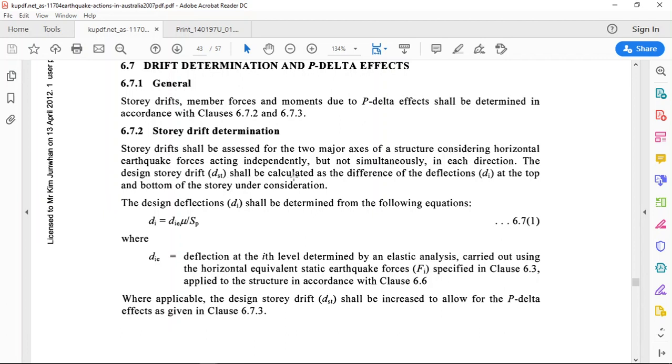The DST is the difference of the deflections at the top and bottom of the story under consideration.